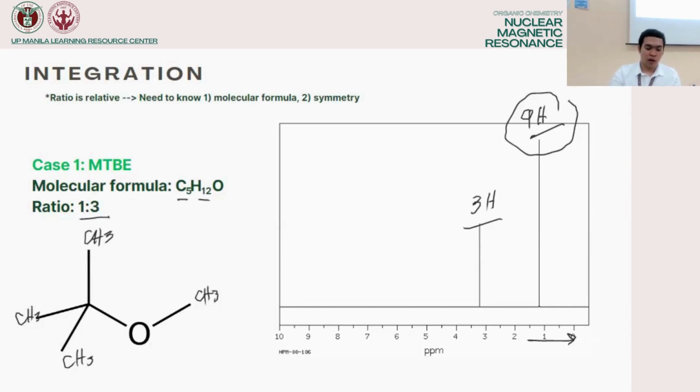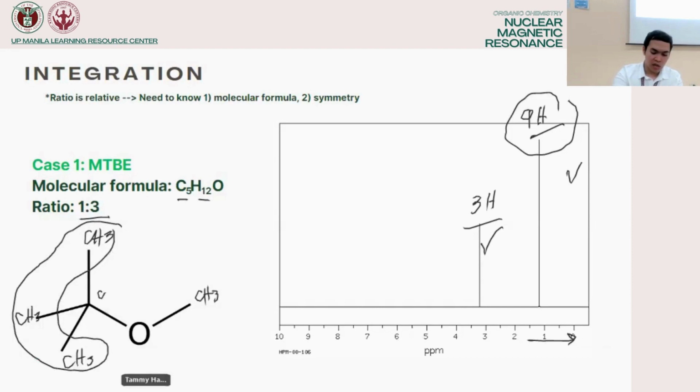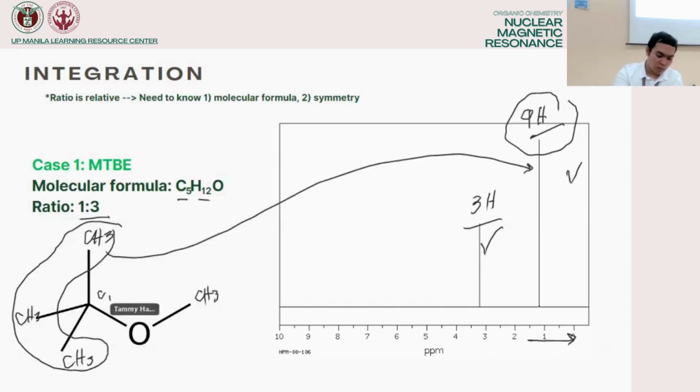Aside sa O, anong napapansin nyo? Sino ang mas malayo? Is it this one, 9H or 3H? Correct. 1 carbon away from oxygen. So ito, no? Ang signal niya ito. Kasi it's a 1 carbon away from oxygen. Unlike this, no?